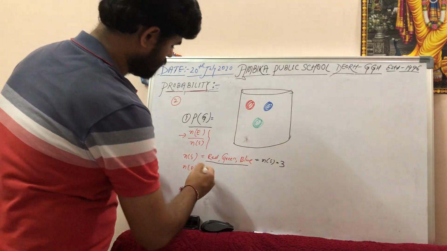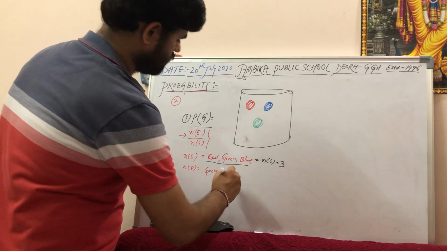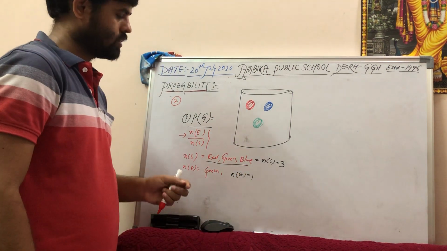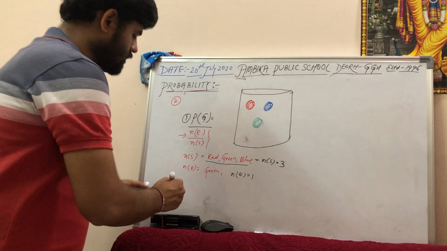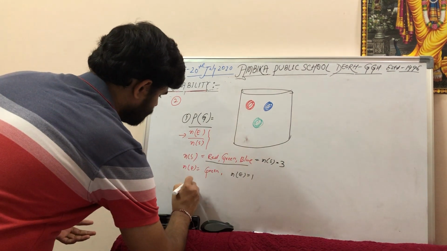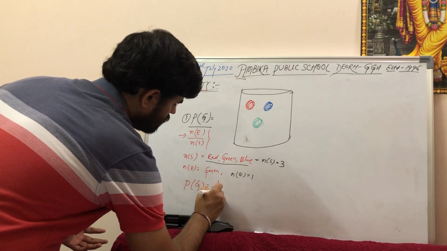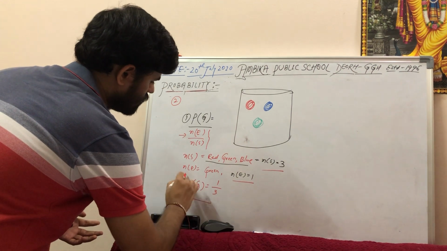So the event is green ball. So you can say number of events equals 1, number of sample space equals 3. So I will say probability of getting a green equals 1 by 3, because number of events is 1, number of sample space is 3. Answer is 1 by 3.